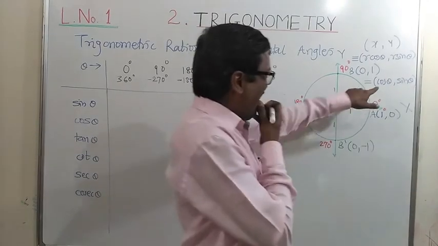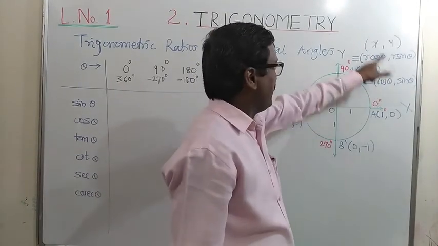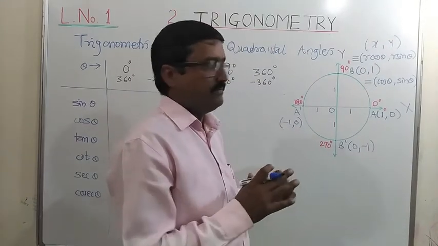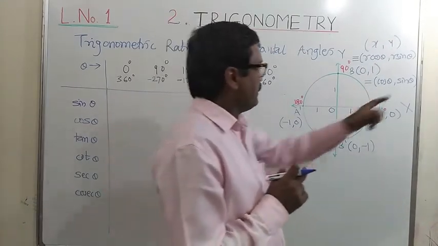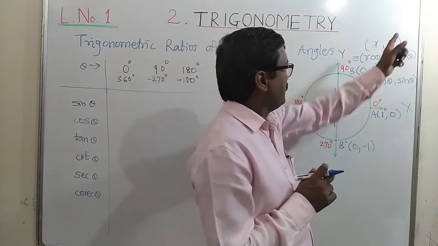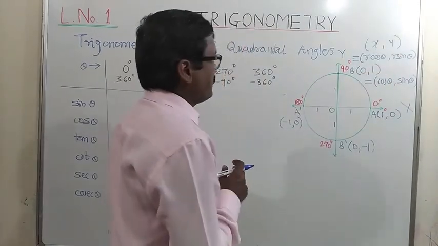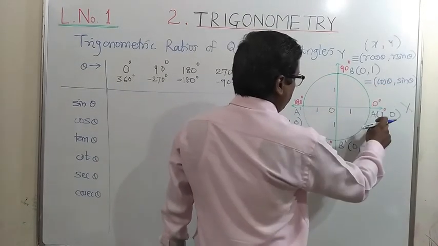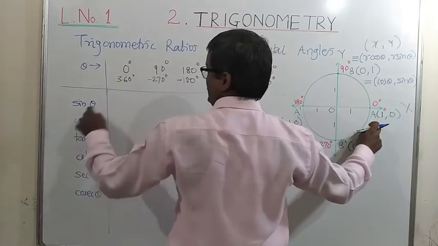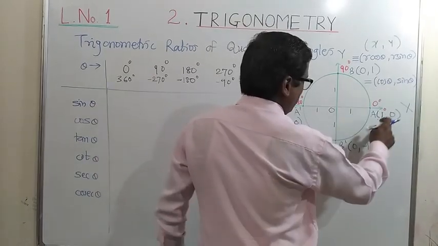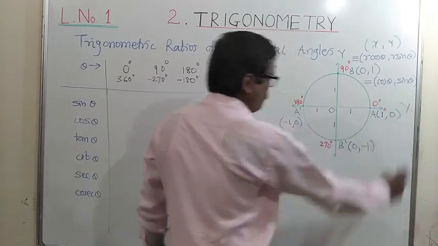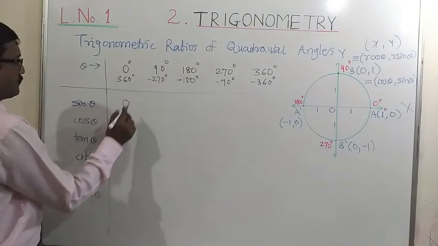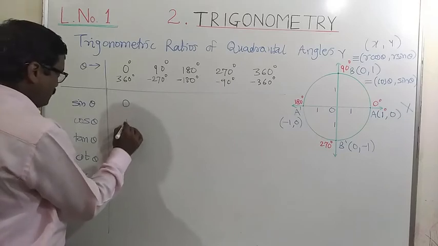Whenever we think about cos, we will see the x coordinate. If we think about sin, then it is related to y. So for angle 0 degree, obviously cos theta is 1 and sin theta is equal to 0.